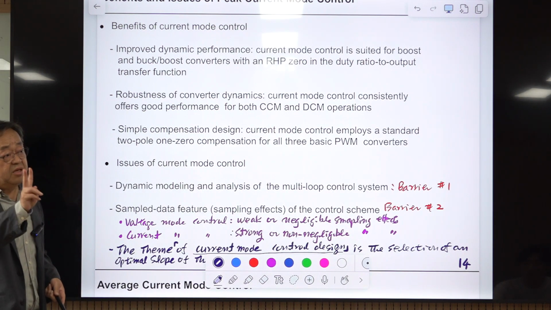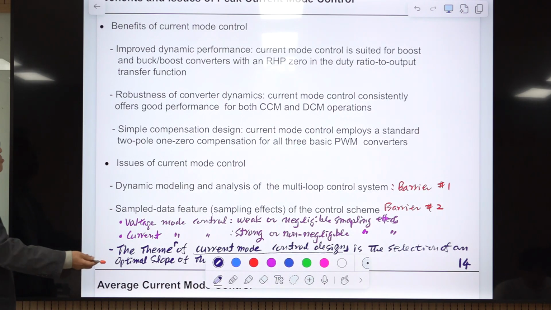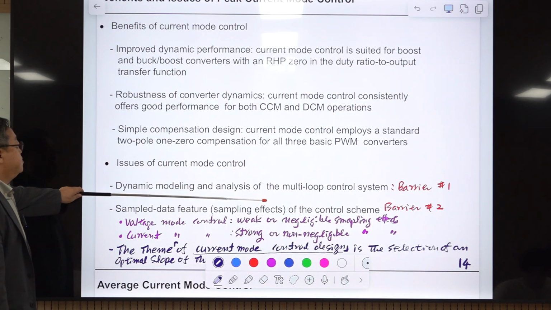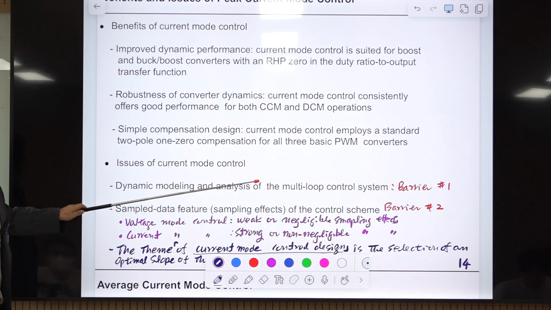Okay, I think there are two different reasons. One is because in the current mode control, you have the existing voltage feedback loop, and you have another loop.